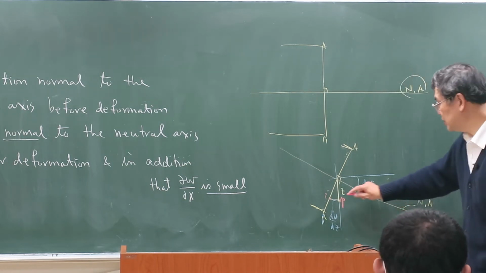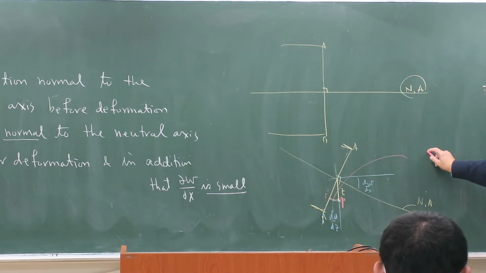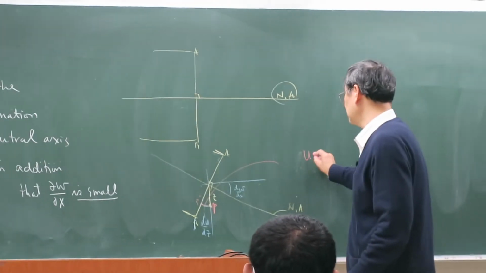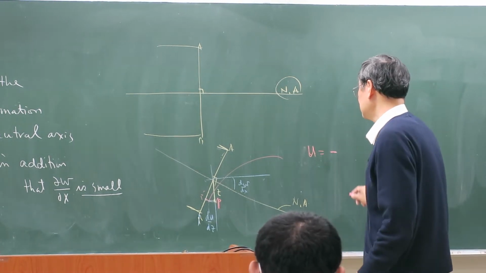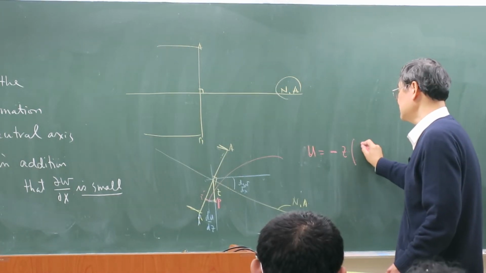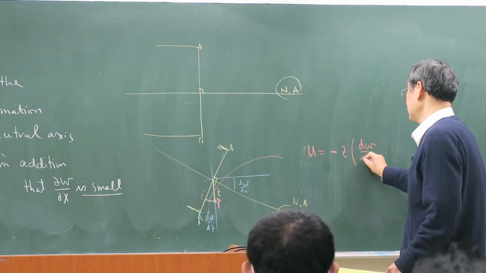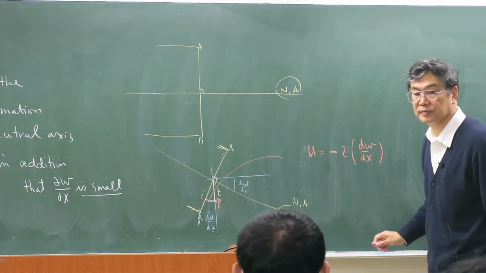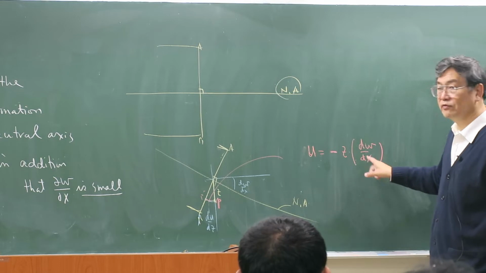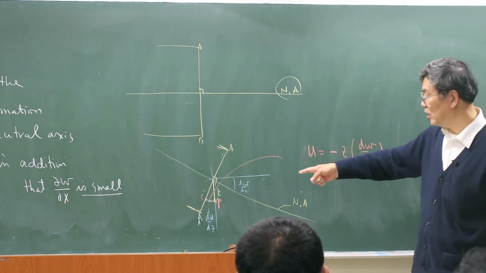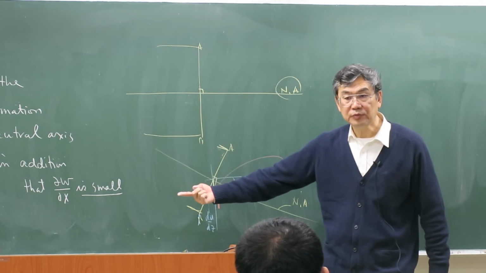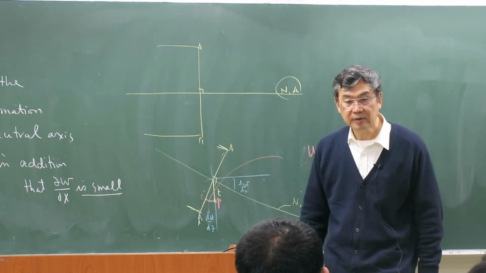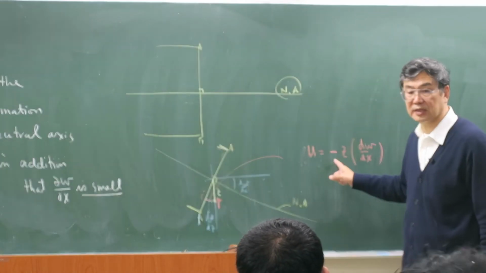So the displacement of P prime, the displacement U, is equal to minus z times dw/dx. For a positive rotation, a positive z will have a negative U. Do you know what I mean? That's why this negative sign comes.